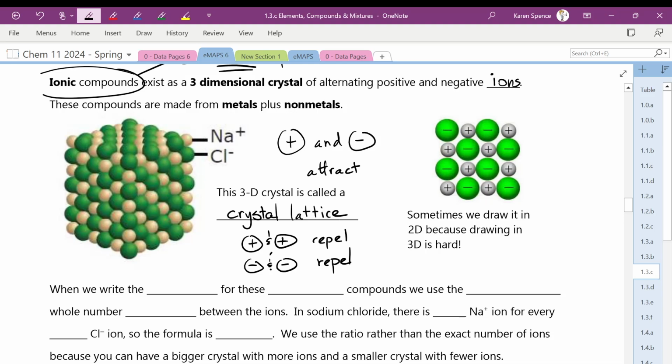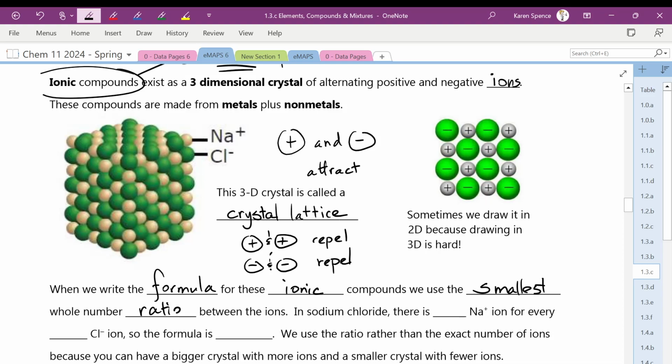When we write the formula for these ionic compounds, we use the smallest whole number ratio between the ions.